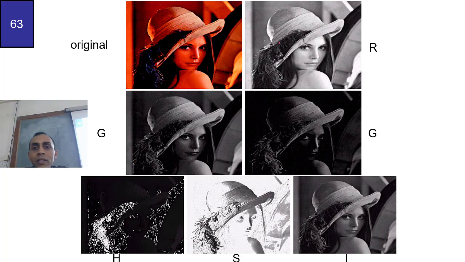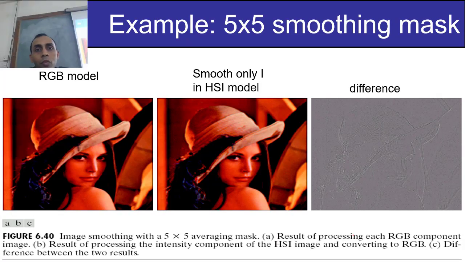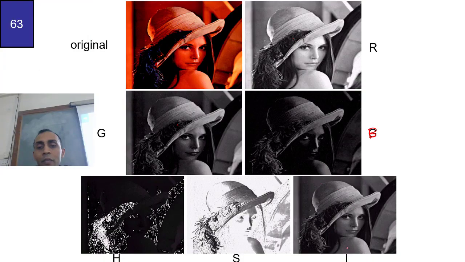So this is the original image, its R component, green component, I think this will be B, and the HSI components shown here. So after smoothing by a 5x5 filter, in HSI space you will have to do smoothing only on the intensity value.